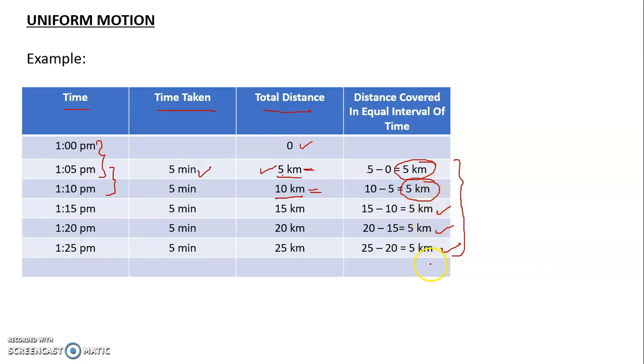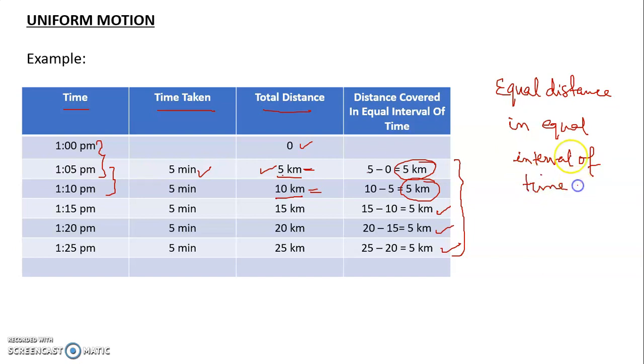All the readings will be the same. That means equal distance is covered in equal interval of time, that means in 5 minutes. Such a motion is known as uniform motion.